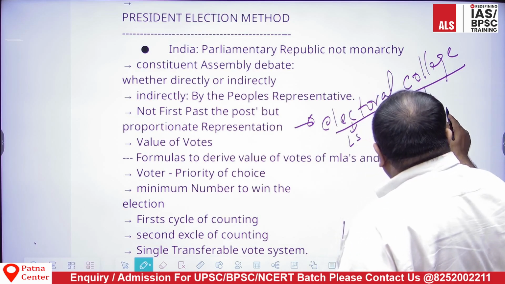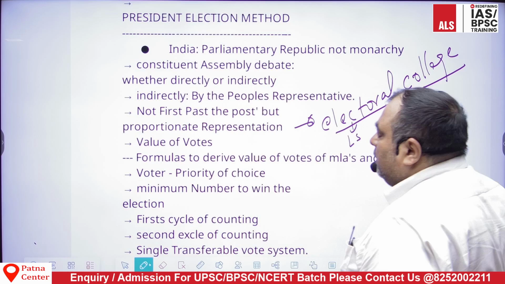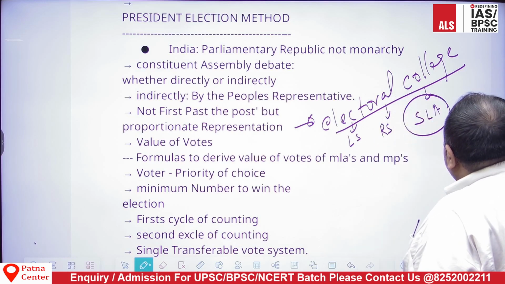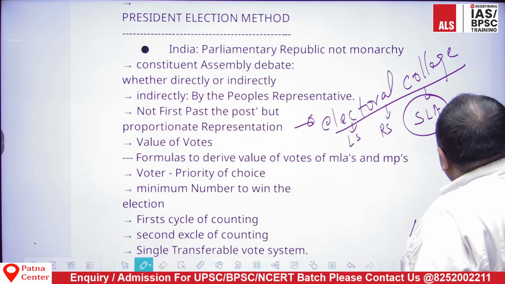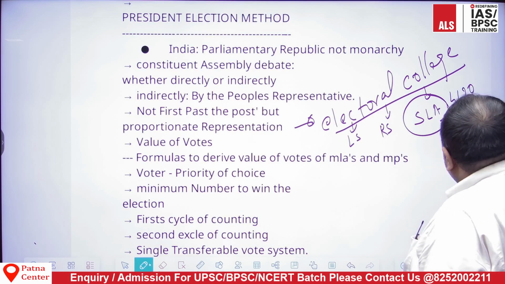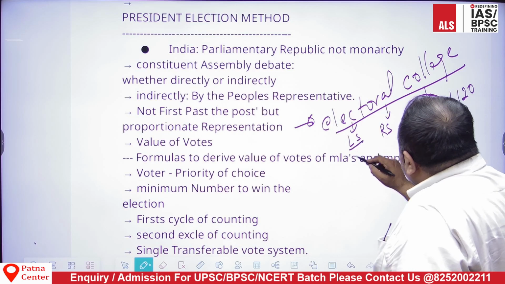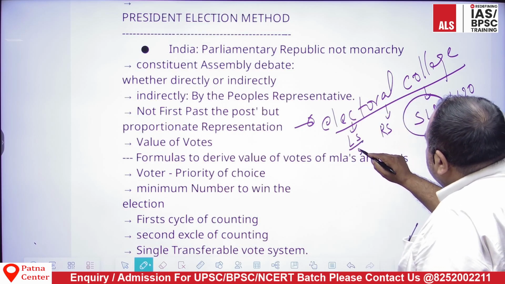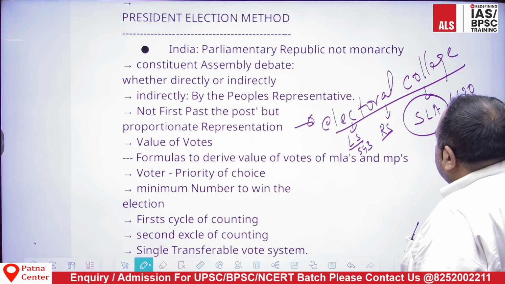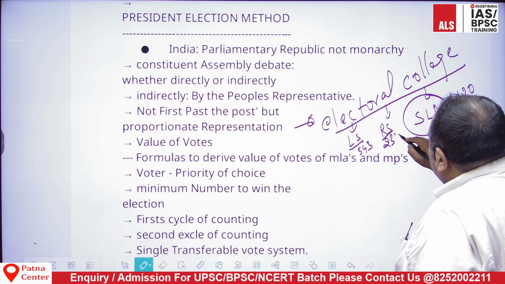Roughly, when we count all the legislative assembly members, it is around 4120. Elected members of the Lok Sabha, 543. Elected members of the Rajya Sabha, 233.